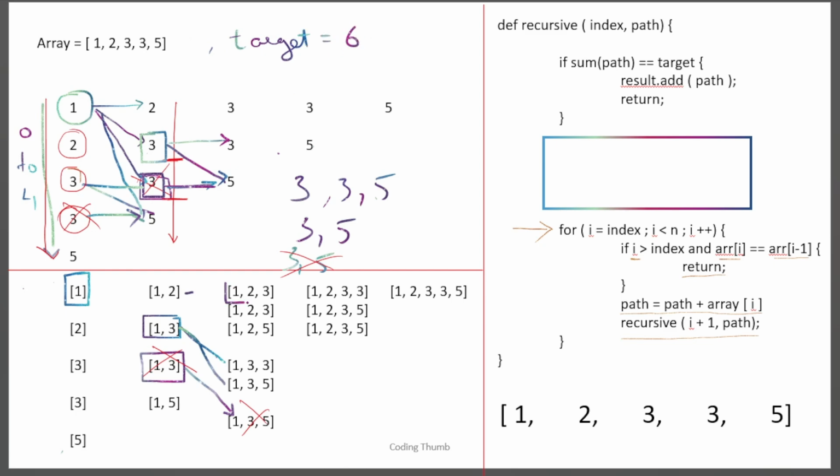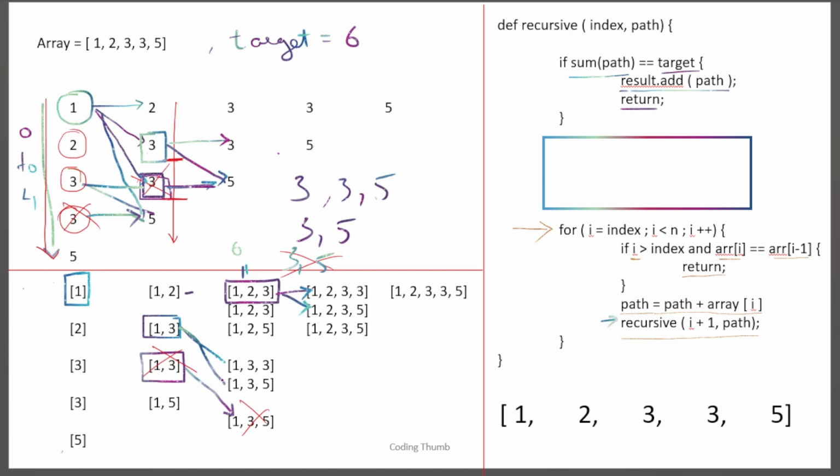When we are at this position 1, 2, and 3, the next explorations could be 1, 2, 3, 3 or 1, 2, 3, 5. Now we have to avoid this since we already got the target. The sum of this equals 6. So we can check if the sum of the path is equal to the target, then we add that particular path to the result and we just return and we don't go into a recursive call, which is here.